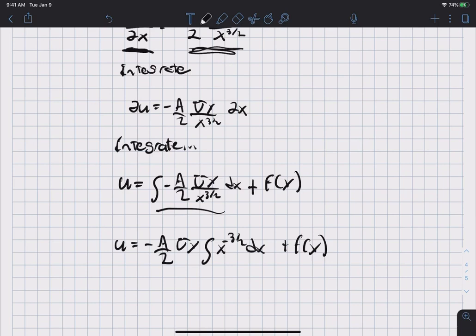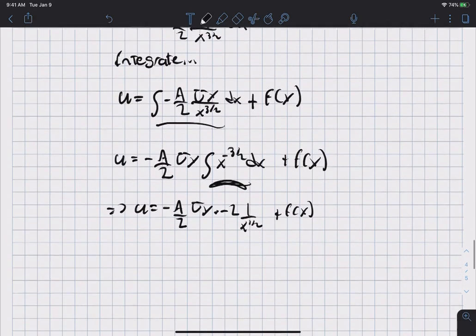So now we do that, and this implies that u equals minus a over 2 u y times minus 2, just performing this integral, minus 2 over x to the 1/2 power plus f of y.